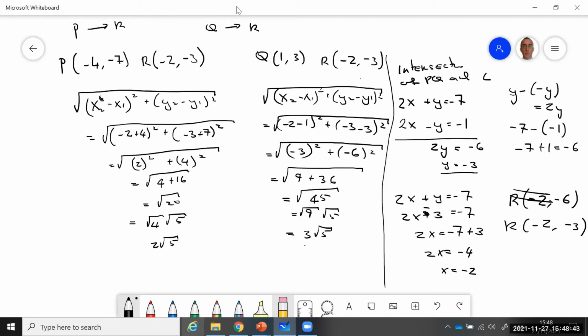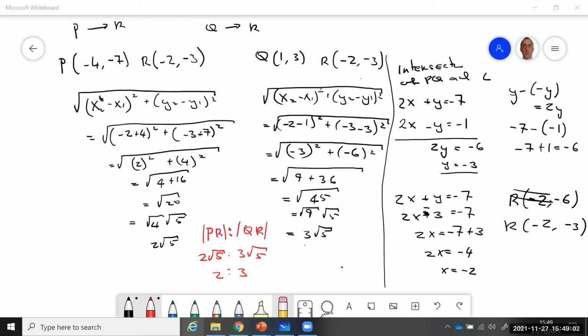So he said to find the ratio of PR to QR. That's 2 root 5 to 3 root 5, and that's 2 is to 3.